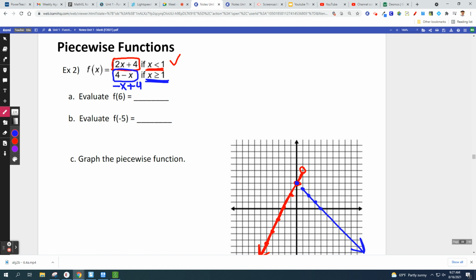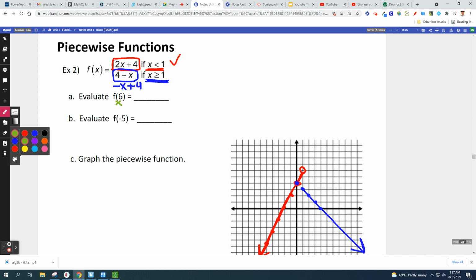All right, now, in order to evaluate f of 6, you have to figure out if we're red or if we're blue. This says x equals 6. That's an x number. And so you have to figure out which piece we're looking at, because we're not looking at both pieces.